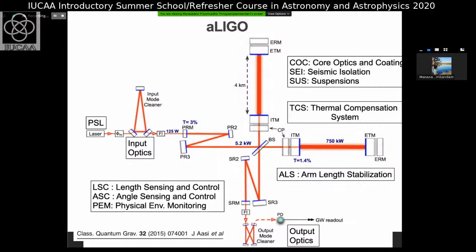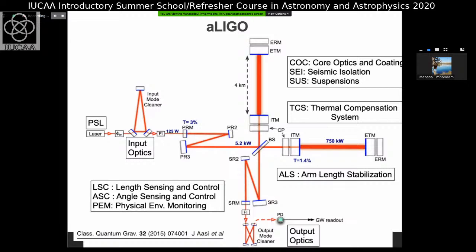We have the physical environment monitoring, which looks into the environment monitoring in terms of temperature, in terms of wind speed, in terms of the seismometers and accelerometers and the temperature change from the center to the corner station, from the corner station to the end station, and all other environmental parameters around it there.